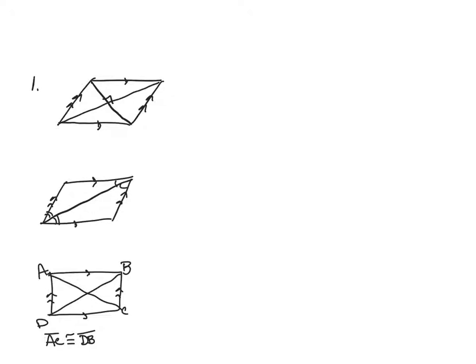So number one is that remember when the diagonals are perpendicular, right? I could say I have a rhombus, right? So anytime you know the diagonals are perpendicular, you can say, hey, this has to be a rhombus.